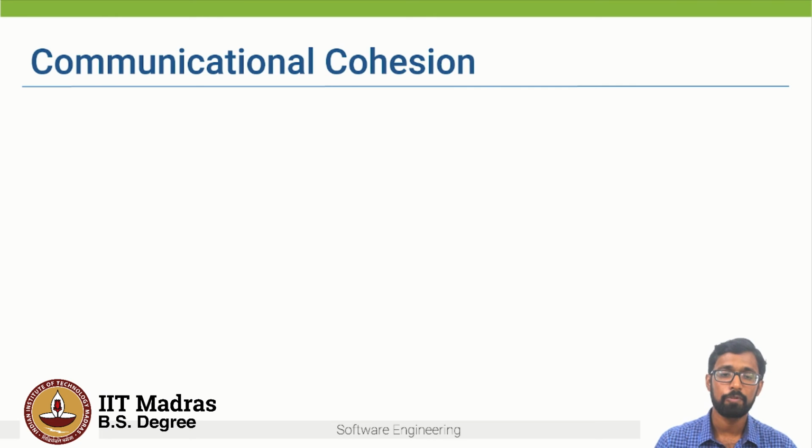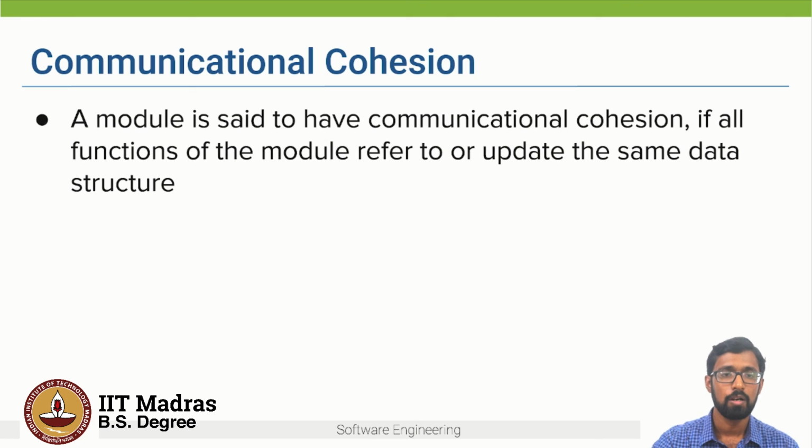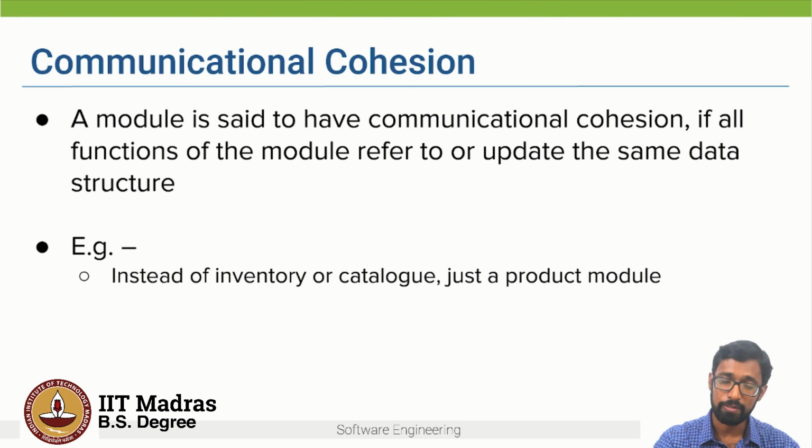The next type of cohesion is communicational cohesion. A module is said to have communicational cohesion if all the functions of the module refer to or update the same data structure. For example, instead of having an inventory or a catalog module, let's say we just have a single product module, which has a list of different products.